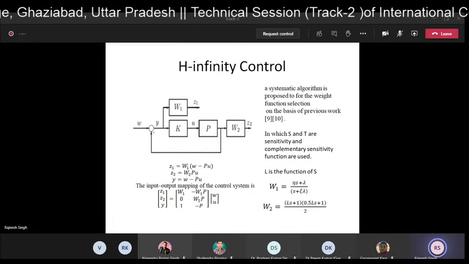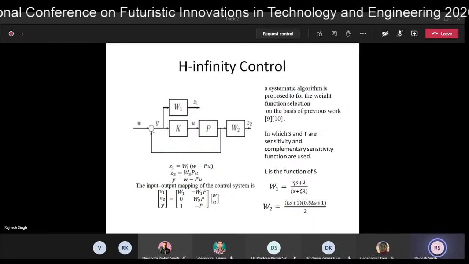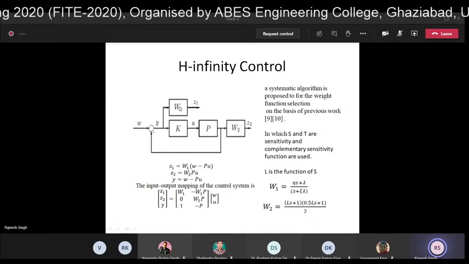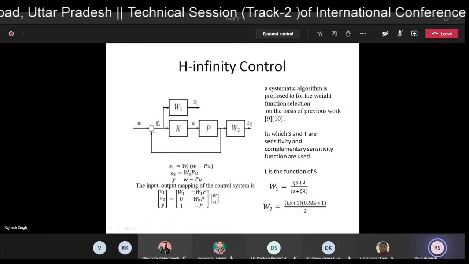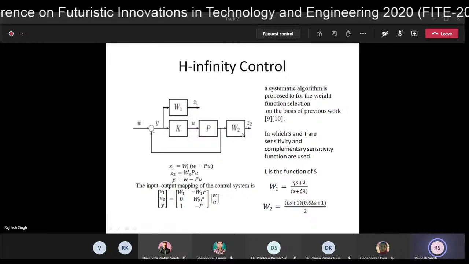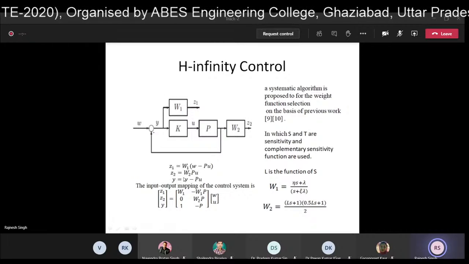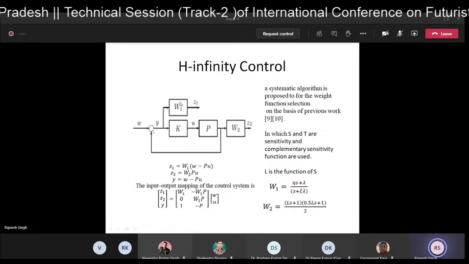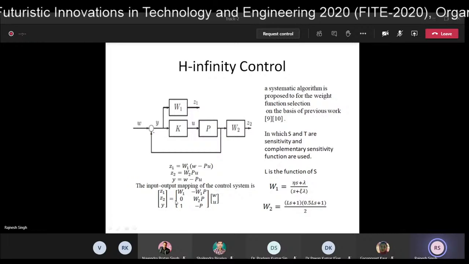The control theory I'm using to control this system is H infinity. Basically, H infinity uses weighted outputs of the error. Y is the actual error, and Z2 is the weighted value of output. In the mathematical equations, Z1 is the weighted error, Z2 is the weighted output, and Y is the actual error.